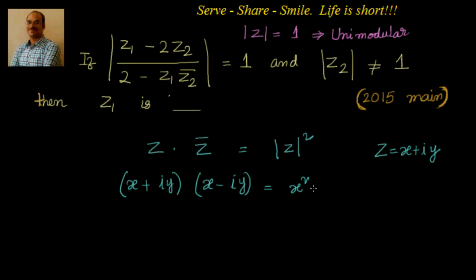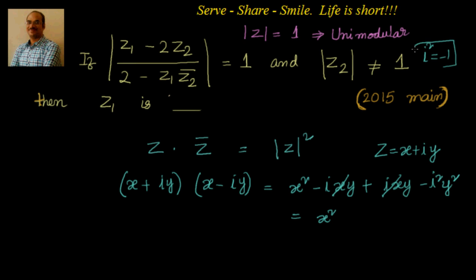This is x square minus ixy plus ixy minus i square y square. Now I know that ixy cancels. I am left with x square minus i square y square. We know i square is minus 1. The whole foundation of complex numbers is i square equal to minus 1. So it's x square plus y square.